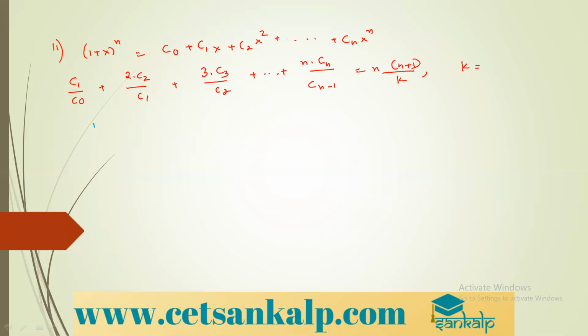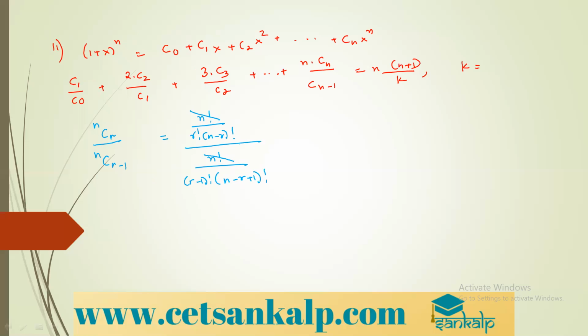If you have nCr/nCr-1, we can make a formula. Already I told you, but I'm showing it to you again. nCr is n!/(r!(n-r)!). nCr-1 is n!/((r-1)!(n-r+1)!).